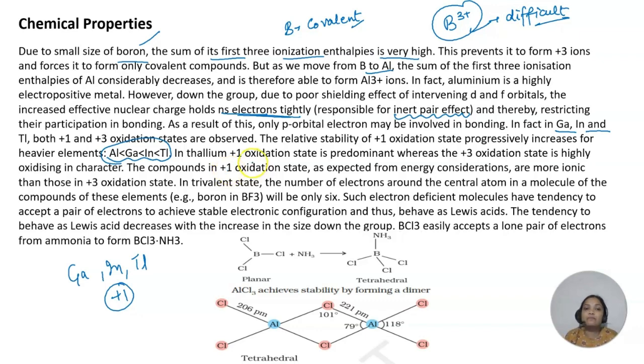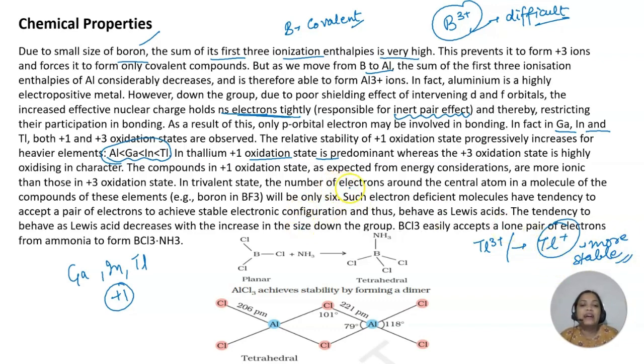So in thallium, the +1 oxidation state is predominant. If you are ever asked which ion thallium will form, it will not form Tl3+, it will form Tl+, because it is more stable or more predominant.